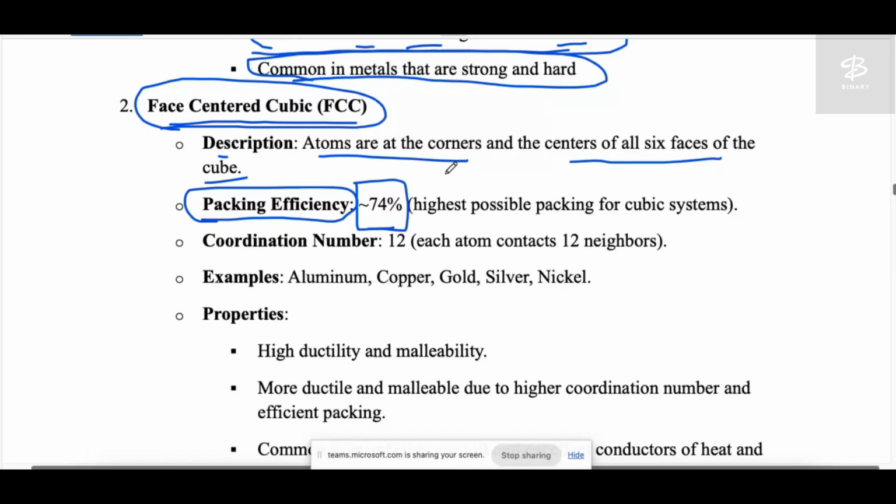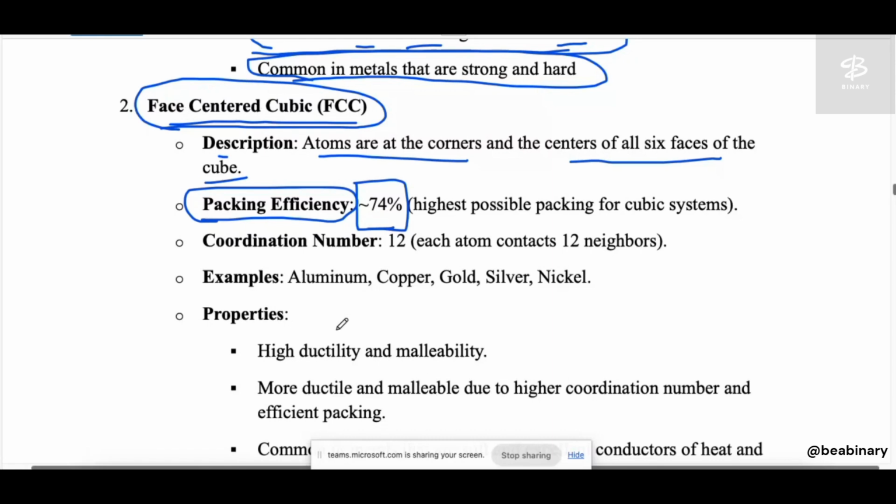As compared to the previous one, the body-centered, which has only 68% packing fraction, it means you have a high packing fraction and a higher density, because the amount of volume occupied by the atoms is more in case of FCC as compared to BCC. BCC means body-centered cubic and FCC means face-centered cubic.